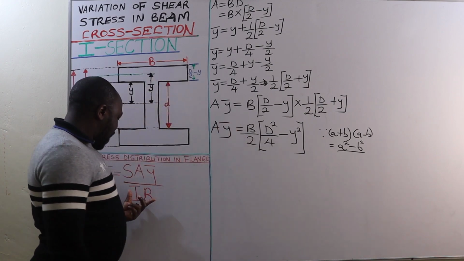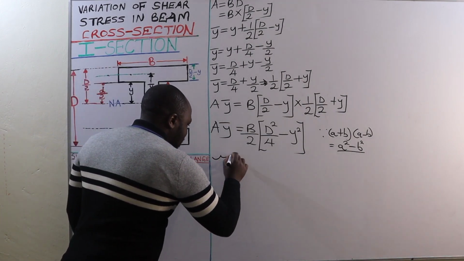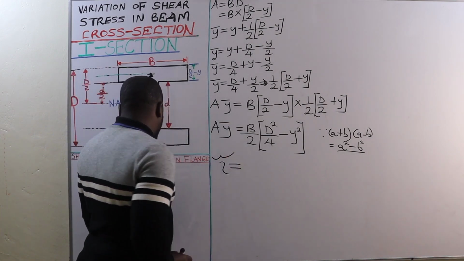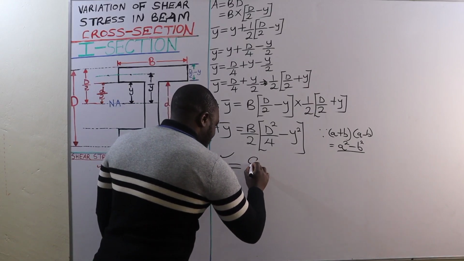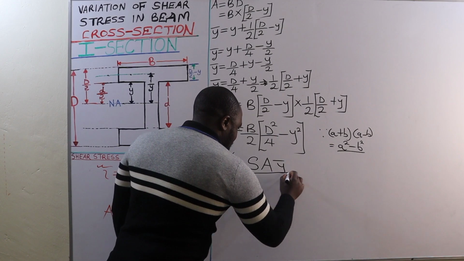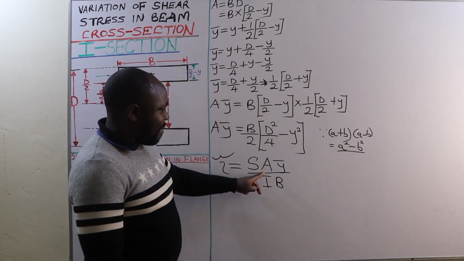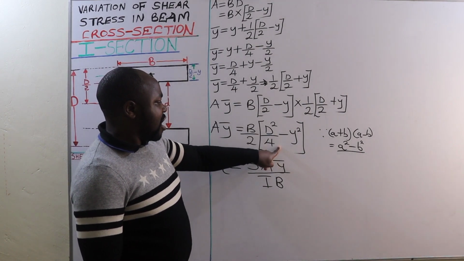Now, back to our shear stress equation. Shear stress equation is given by S A bar y over I B. A bar y, we got it here.